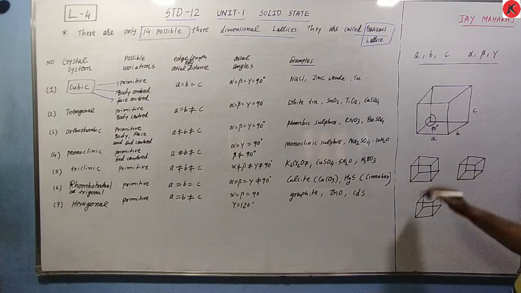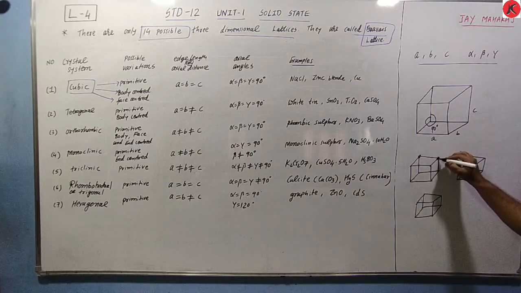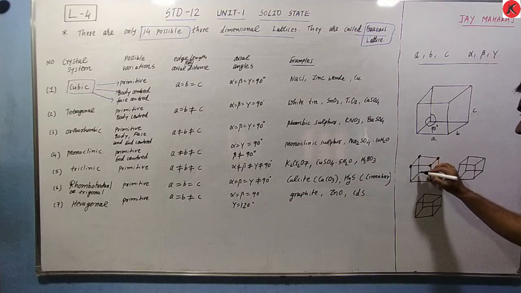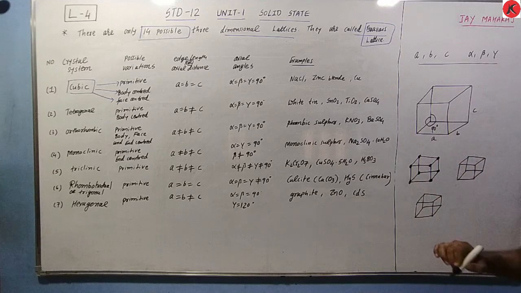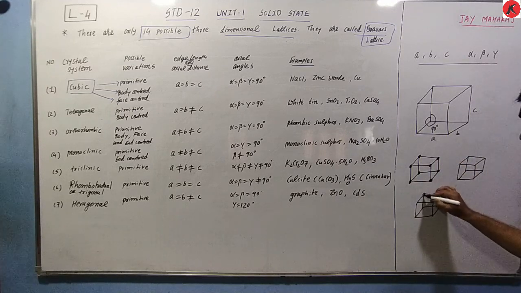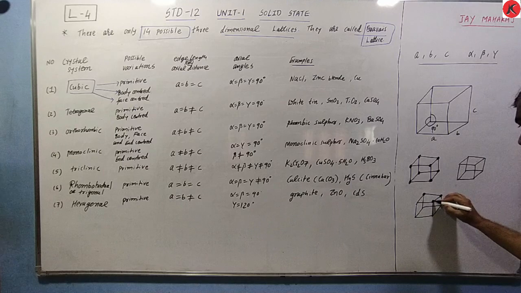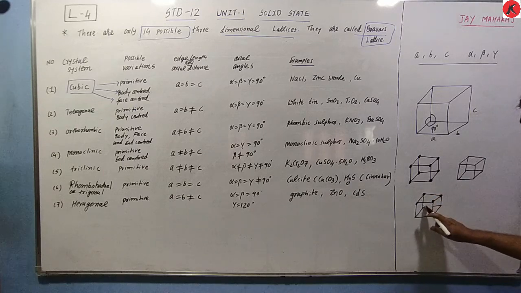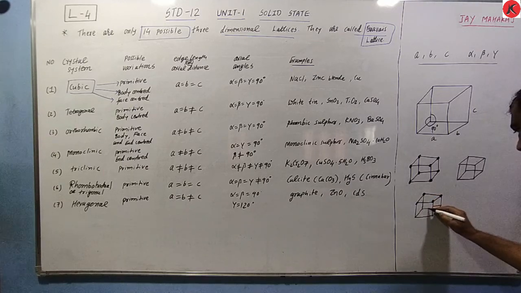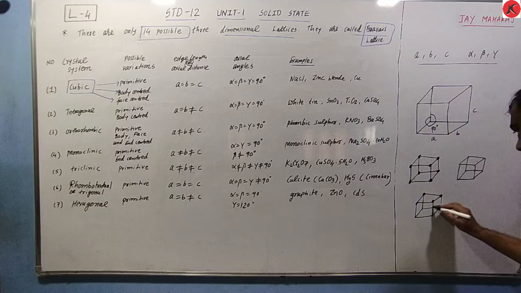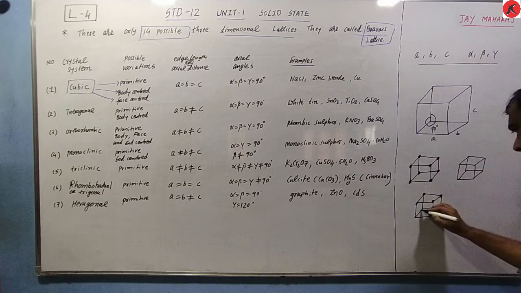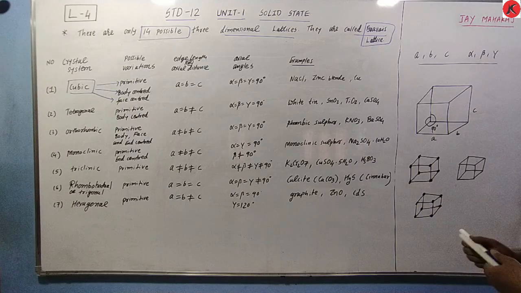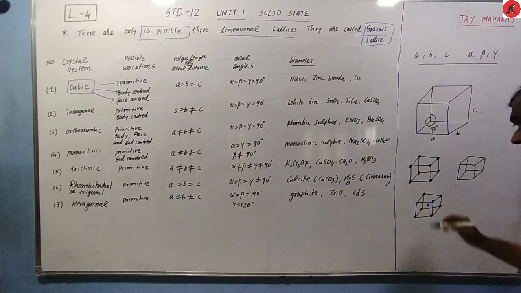Primitive means constituent particles are present at corners. Body-centered means constituent particles are present at corners, and an additional constituent particle is present at the body center.